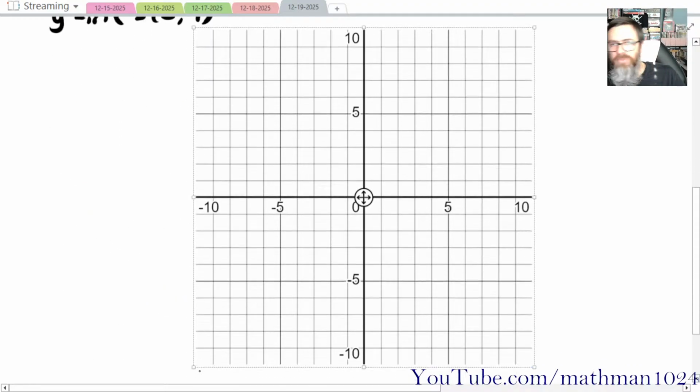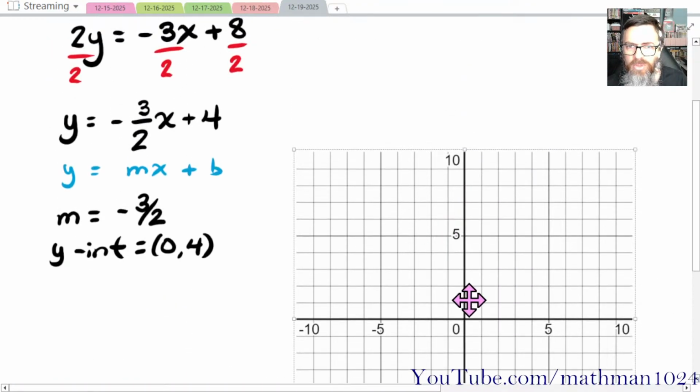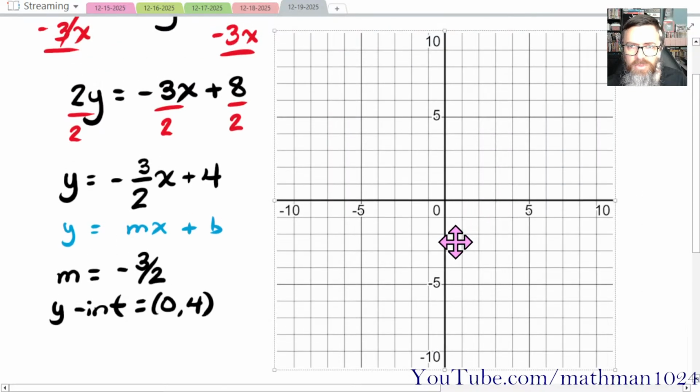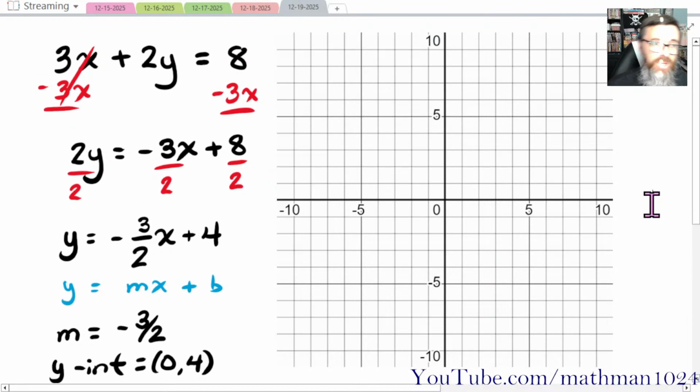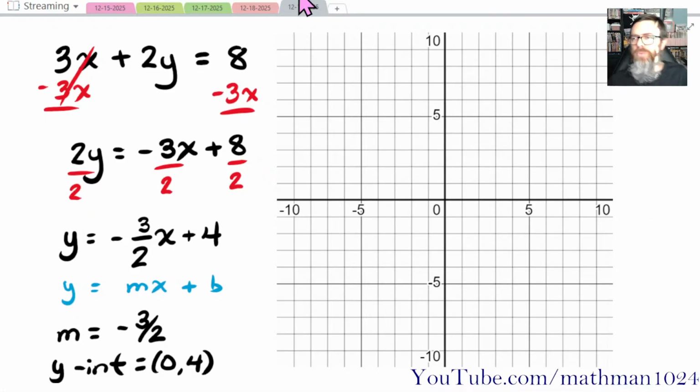So taking all of this, we are now going to graph, and we're going to graph accurately. You've got two pieces of information: your slope and your y-intercept. The slope is a movement.